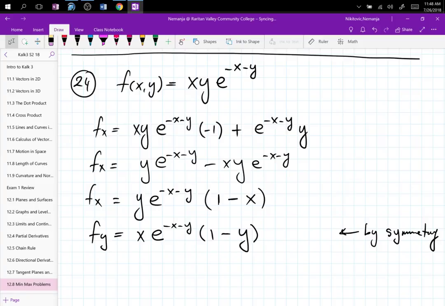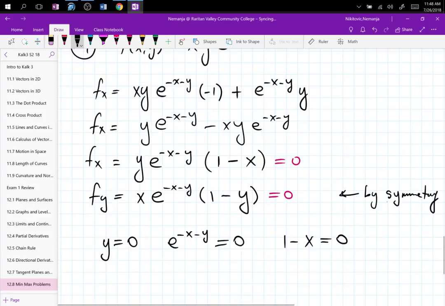So now we have this, and we set each one of these equal to 0 to find critical points. So the first one equal to 0, the second one equal to 0. What happens here is, on the first one equal to 0, we get 3 equations. y equal to 0, e to the negative x minus y equal to 0, and 1 minus x equal to 0. So this is what happens when you set the first equal to 0.